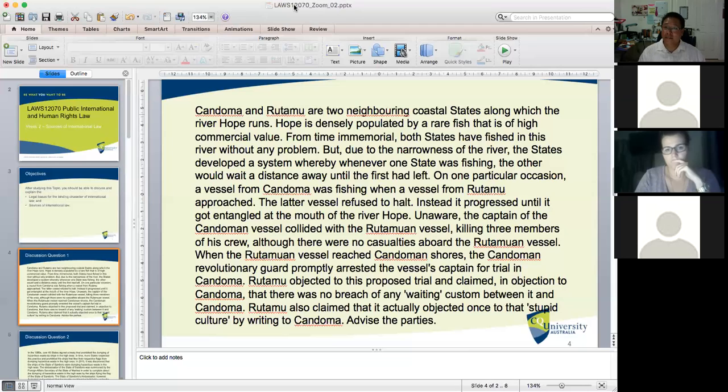But just because you do it doesn't mean it's out of a sense of legal obligation. Okay, so there's that requirement. You're doing it because there is a sense of legal obligation.